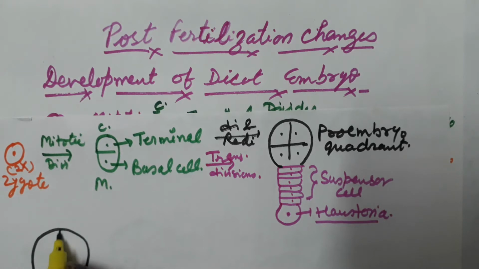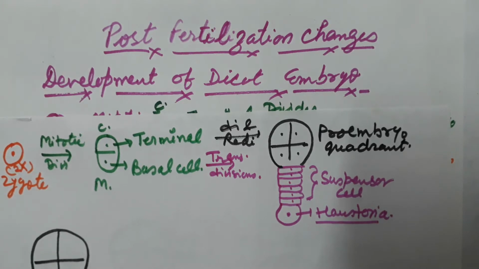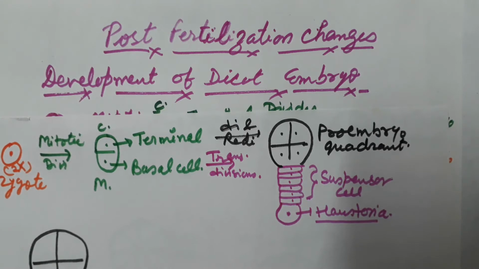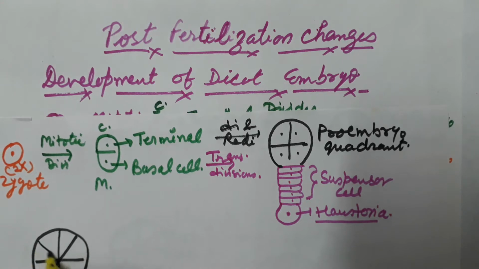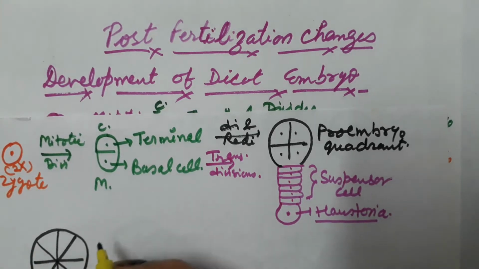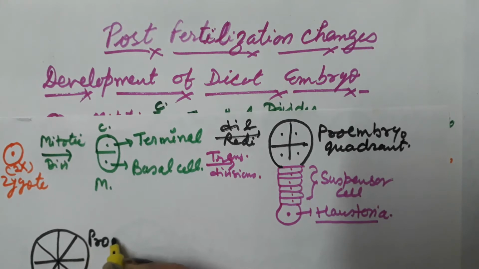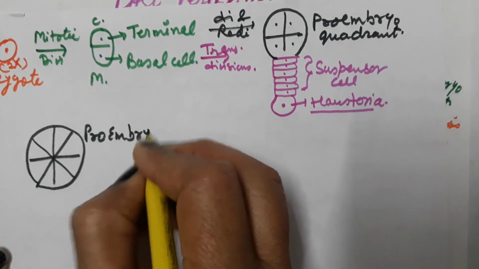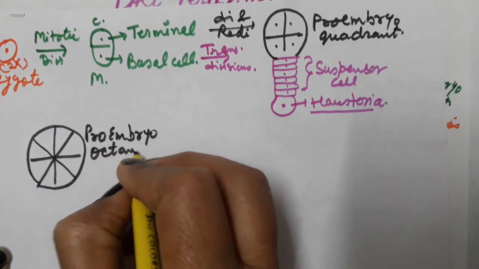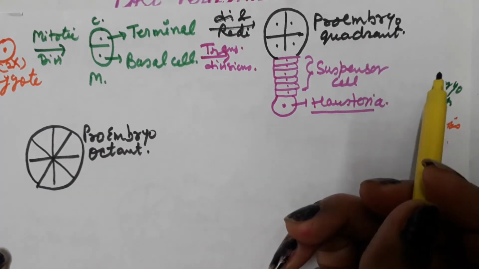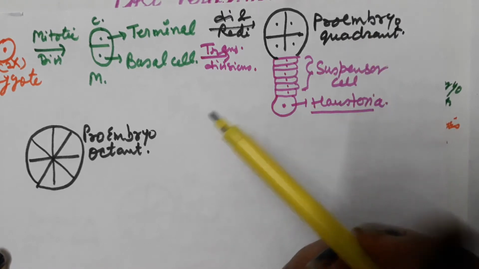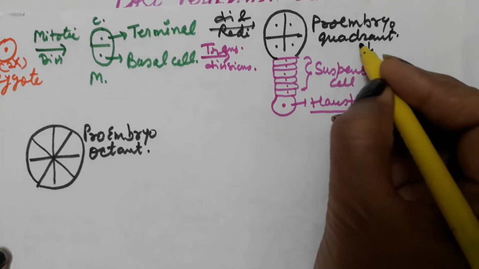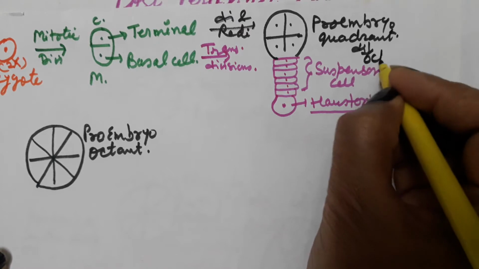The arrangement of cells is not like that, but we have to show the fate of each cell, so I am going to draw it like this. All the cells are visible from the front side. This is the proembryo octant, which is produced by division of the proembryo quadrant.